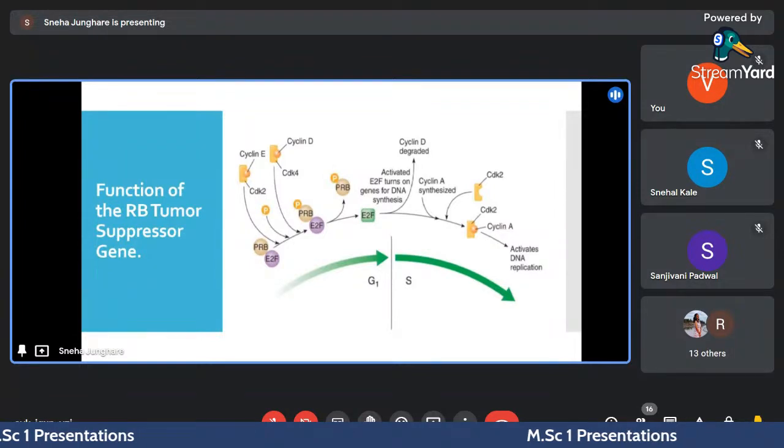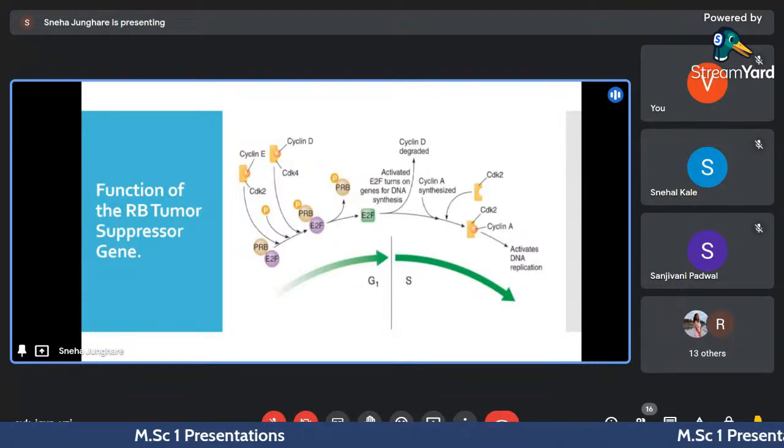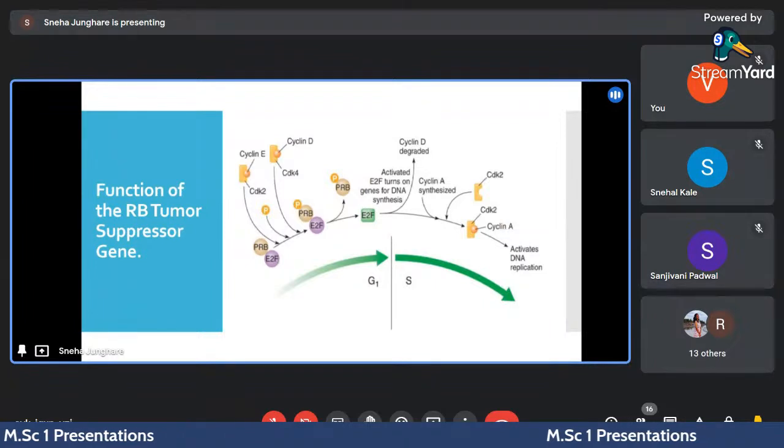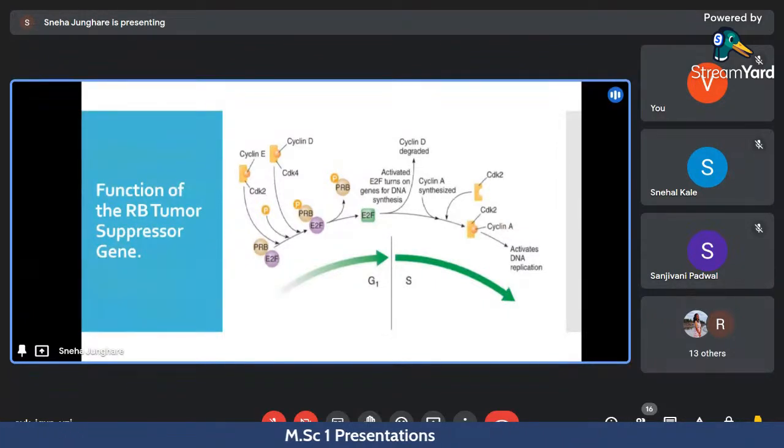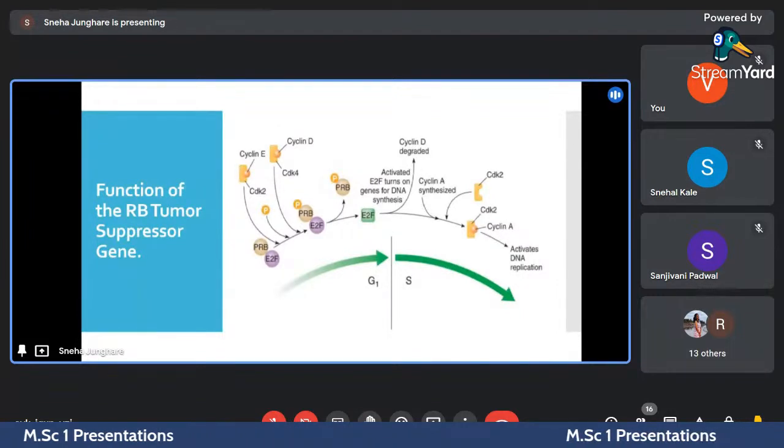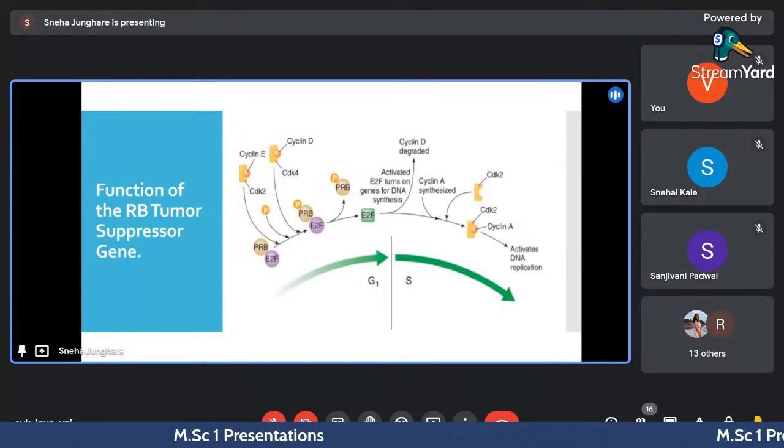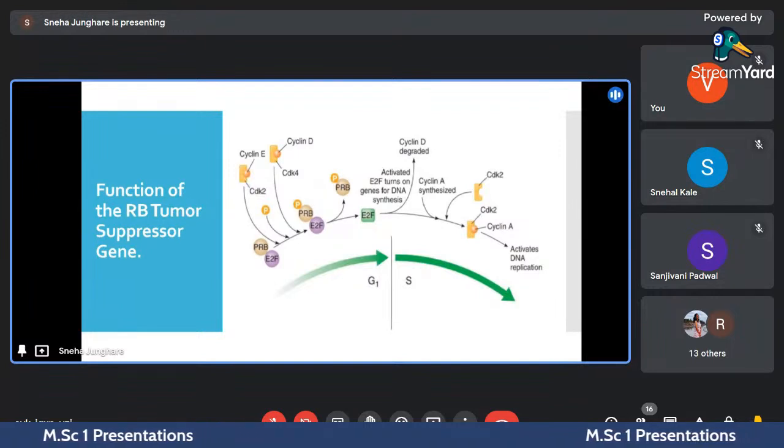As the cell begins DNA synthesis, cyclin D and cyclin E are degraded and cyclin A is made, and the CDK2 cyclin A complex forms and activates DNA replication. After the S phase, the retinoblastoma protein is dephosphorylated and E2F is again inactive.